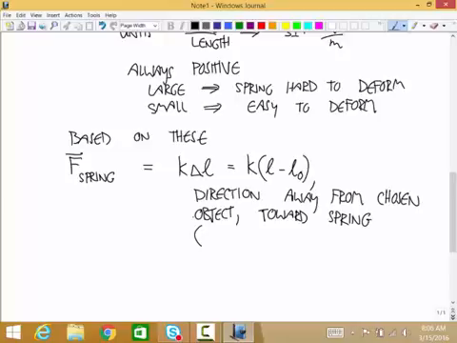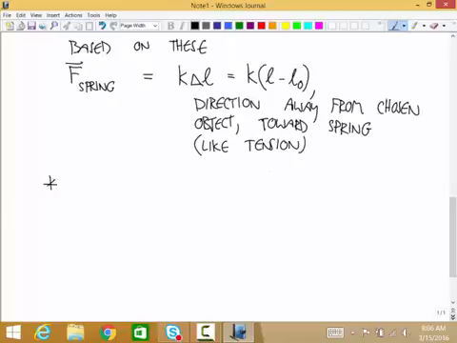Okay, we're going to draw the direction like a cable tension. There's a difference, though, with tension, and that is that K times the quantity L minus L sub 0 can be positive or negative. Cable tension can't ever be negative.